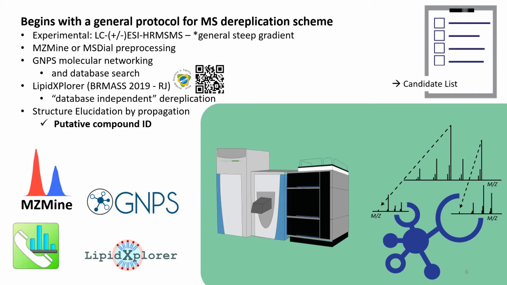Aside from this part, the MS side of this approach focuses on a putative identification using MZmine or MS-DIAL preprocessing routines and molecular networking dereplication with GNPS. The Lipid Explorer thus will be used to aid in node annotation. The goal here is to index candidate compounds as any mass spec based dereplication method would.